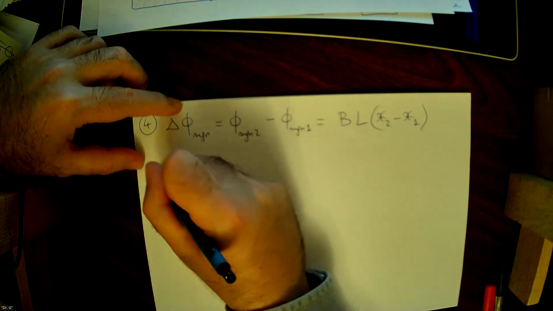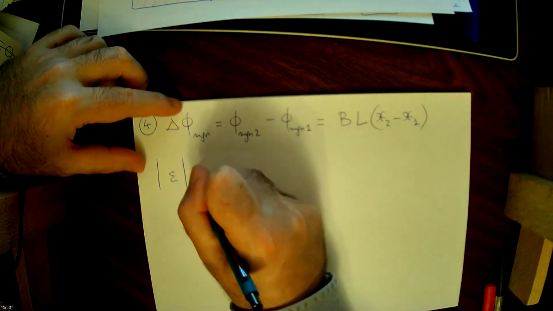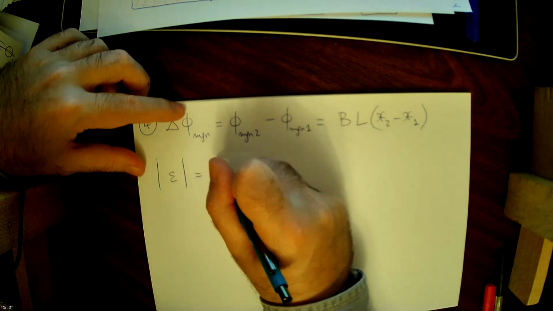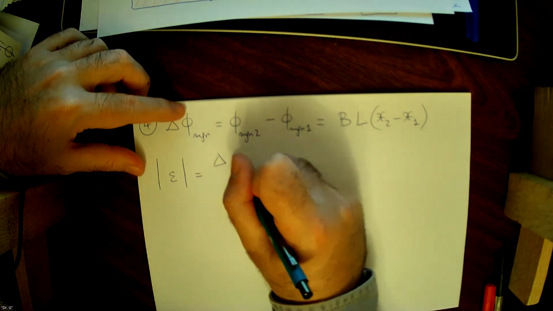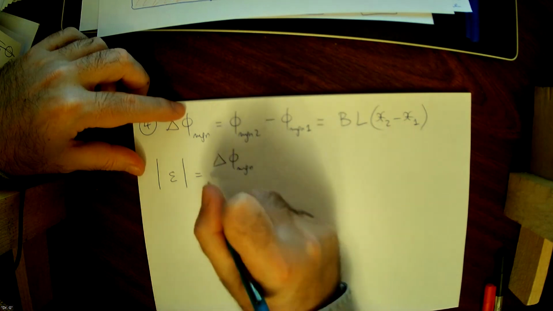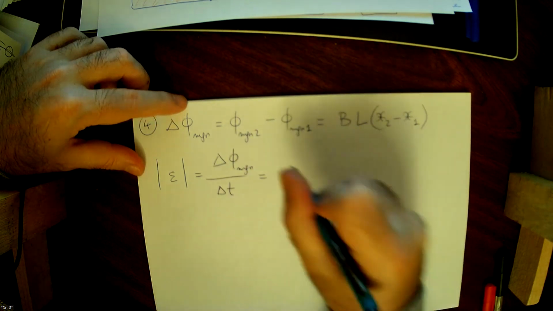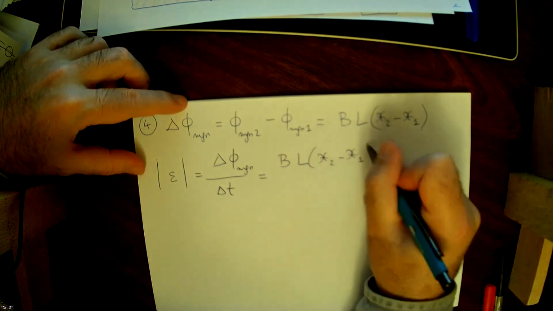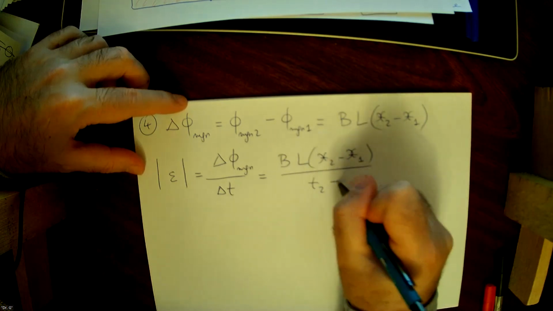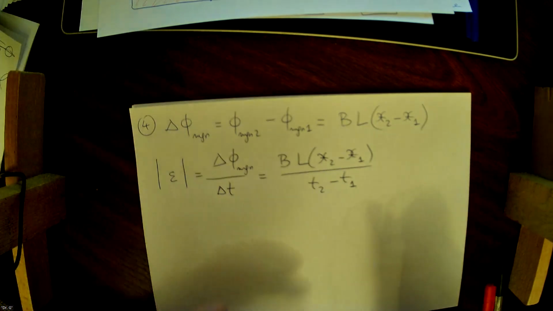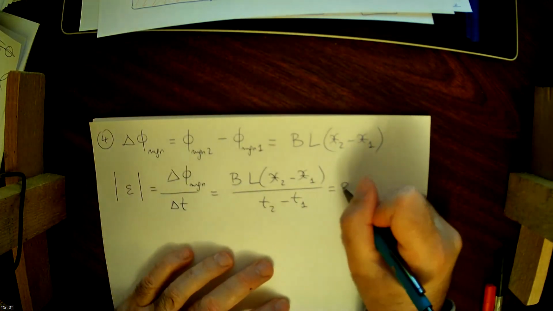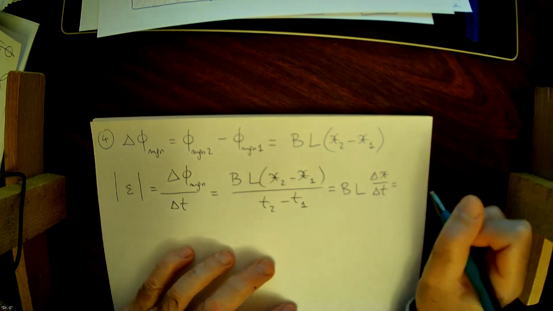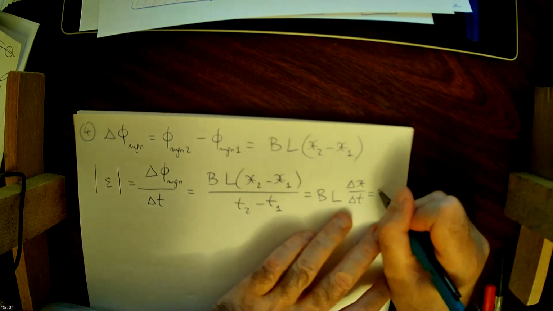And the absolute value of the EMF, delta magnetic flux over delta t, this will be B L (x2 minus x1) over (t2 minus t1), okay, B L delta x over delta t, but delta x over delta t is the velocity.